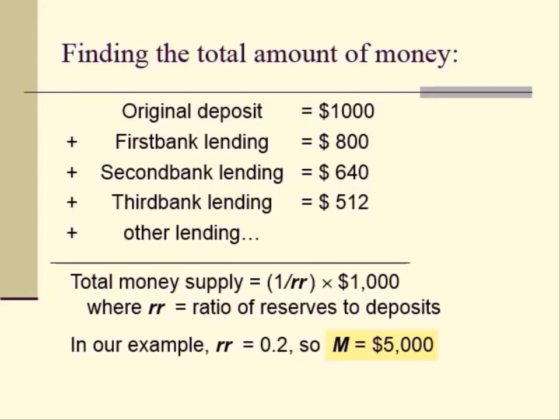So in our example, the reserve deposit ratio equals 0.2, so the total money supply should equal 1 over 0.2, which is 5, times the initial $1,000 deposit. So 5 times 1,000 equals 5,000. So that will be the total money supply.